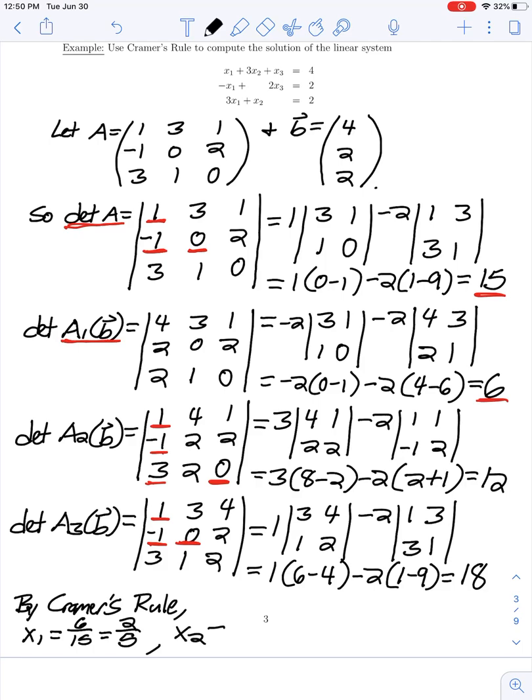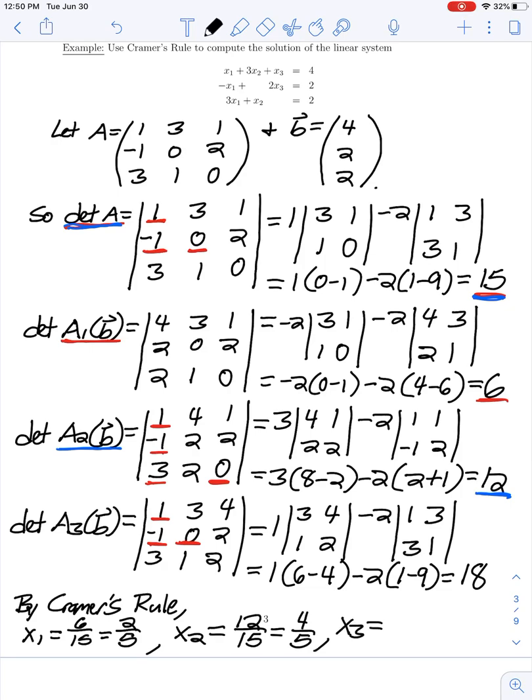For x2, the second component of our solution vector, we would be taking the determinant of A2 of B, which we found to be 12, and then divide by the determinant of A, which was 15. So we would have 12 over 15, or dividing through by 3, we have 4/5.